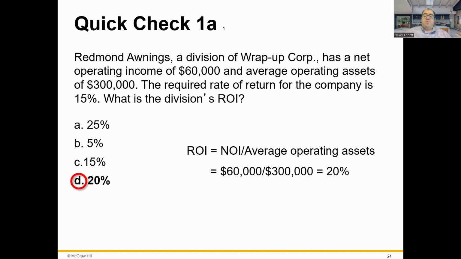And it would be 20% because you're going to take 60,000 divided by the 300,000. You're going to take the operating income divided by the average operating assets, and that's going to give you 20%.